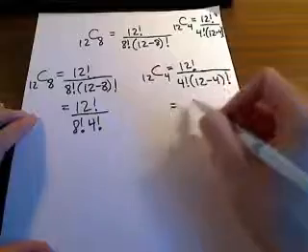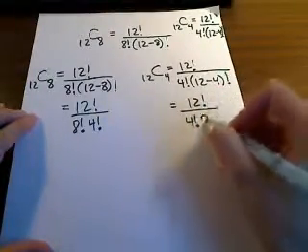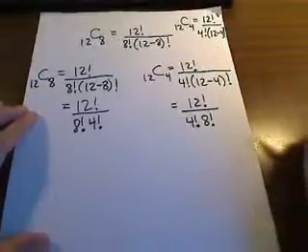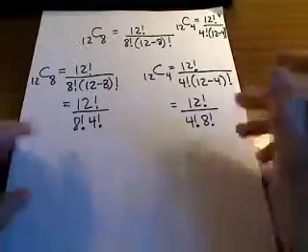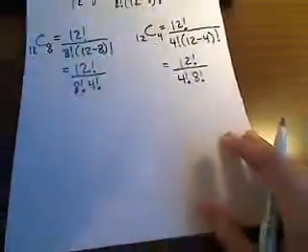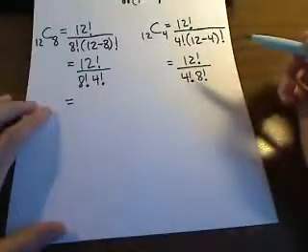Here, I get 12 factorial over 4 factorial, and then 12 minus 4 is 8 factorial. And notice that those are the same thing. So it actually doesn't matter which one you count. You can count either one, and you're going to get the same answer. So I'm just going to continue with this one, all right?